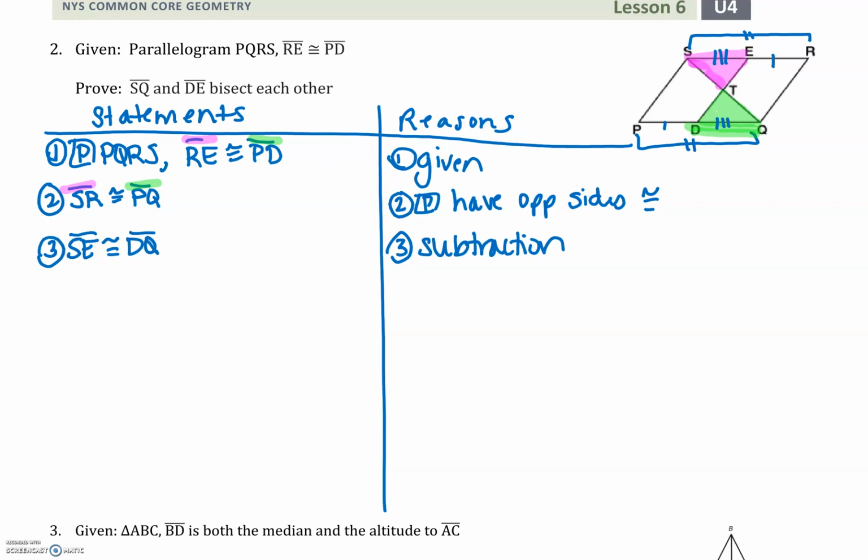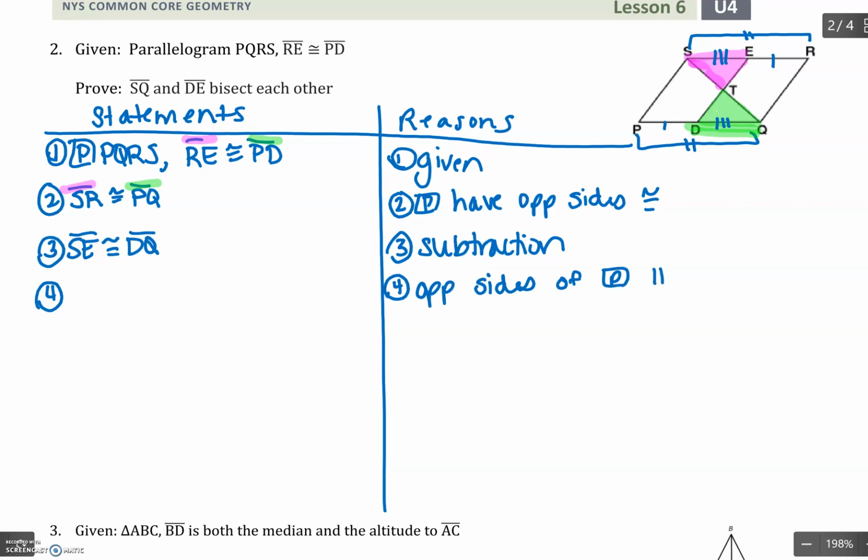Continuing from there, I know that opposite sides of a parallelogram are also parallel. So not only are SR and PQ congruent, but they are parallel. That's handy because parallel lines form congruent alternate interior, corresponding, etc., angles.